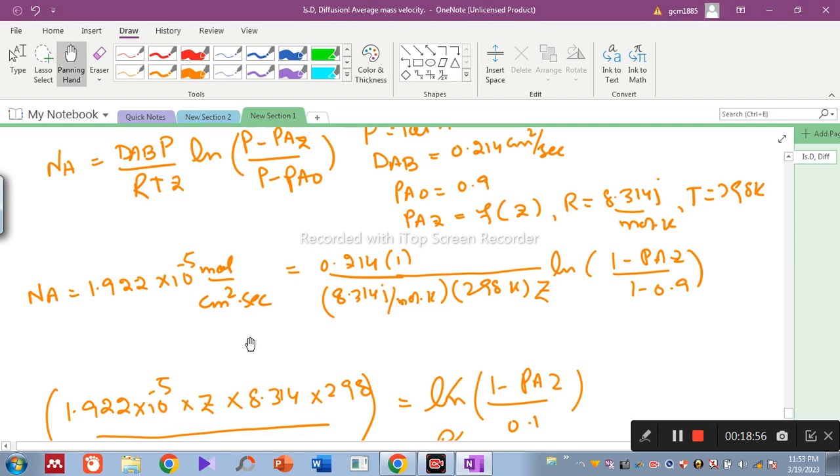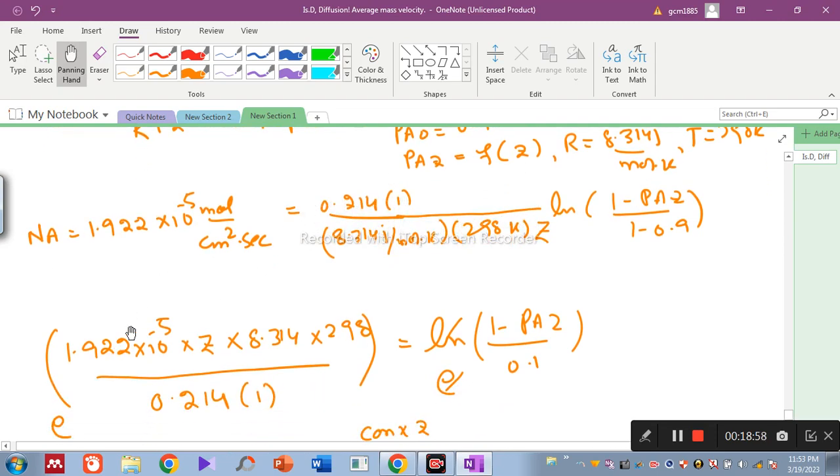So now we will rearrange this equation. This value is given. We will multiply this to this side, the temperature, and this is the Z. So when we change Z, the partial pressure of ammonia will change along the diffusion path, divided by this, and this is the total pressure. It will be equal to ln of (P minus P_AZ) divided by this one.